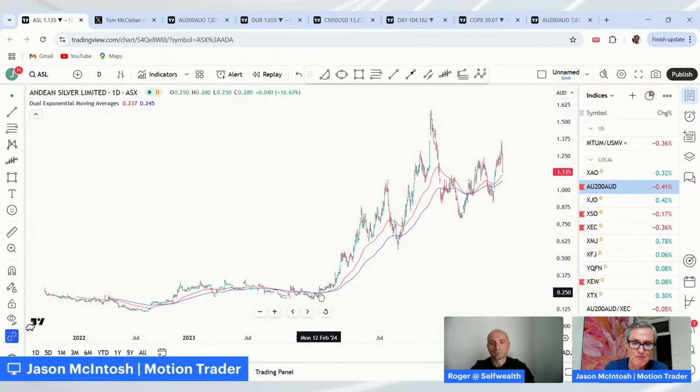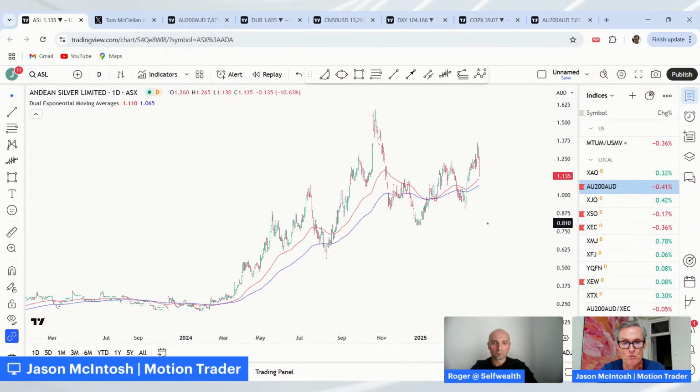It's like from having a stock go from 25 cents up to $1.60 odd. It's a big gain in a relatively short space of time, about 9 months, 10 months. I just feel it could be one of those ones where the big gains have been made for now, and it just goes through a period where it's just choppier and harder to play.